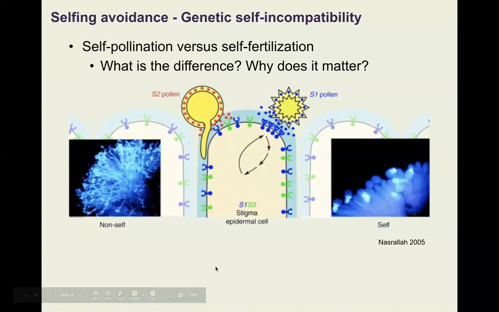These ones that are coming from the compatible individuals, the pollen tubes grow and everything's fine there. So this is kind of important in plants because they have the ability to self-pollinate quite often. Because they have animals in charge of delivering their pollen, they're not delivering the pollen themselves, so they're kind of at the mercy of whatever lands there.